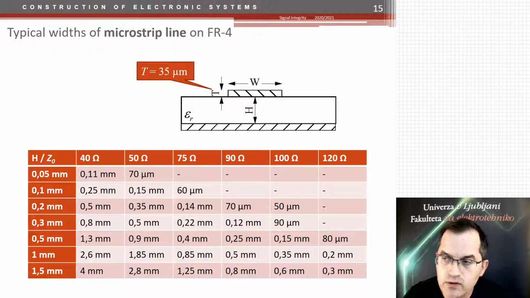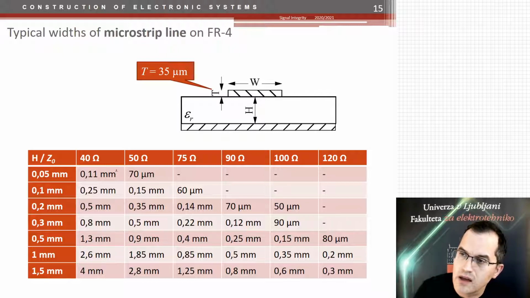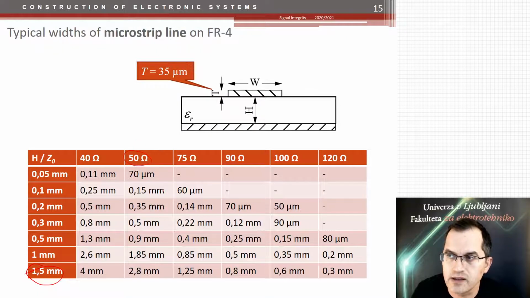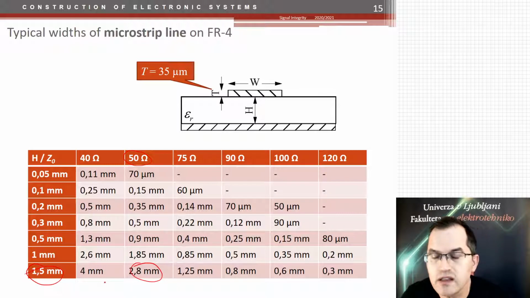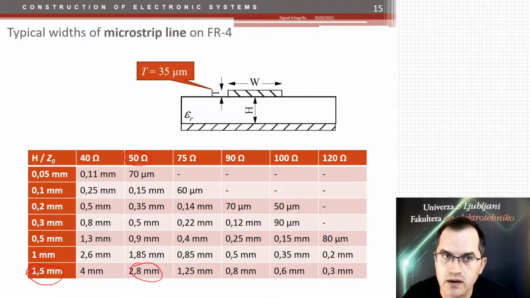And maybe I can just point out that on a very thick substrate, like classical 1.5 millimeter thick substrates, you would have trouble reaching, let's say, 50 ohm impedances, because you would need very, very wide tracks. So that's one of the reasons why double layer, two-layer boards are not suitable for reaching low impedance tracks.